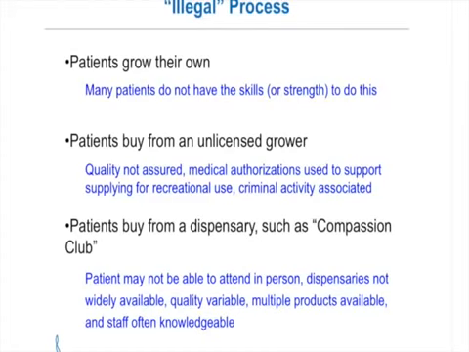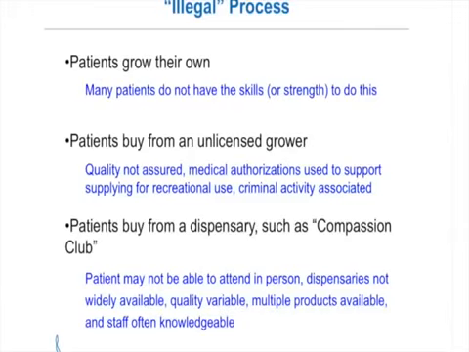If you're looking at the currently illegal process, the traditional one has been that patients grow their own. Many patients that use it recreationally do this, and in fact many patients that use it medicinally do this, especially for the non-cancer indications. But many patients, especially cancer patients, find out that they have a need for this when they're relatively sick, and they don't have the skills or the strength or the resources to actually grow their own.